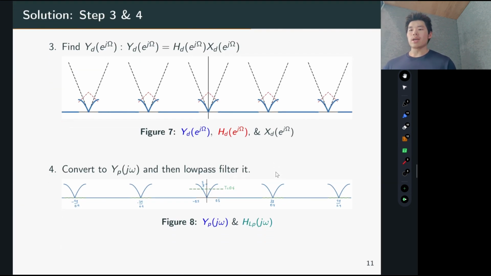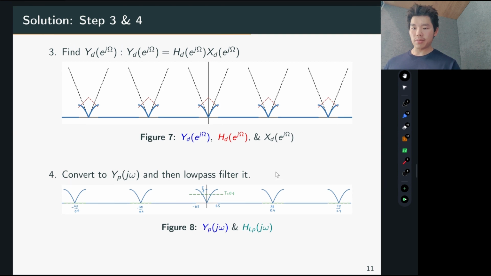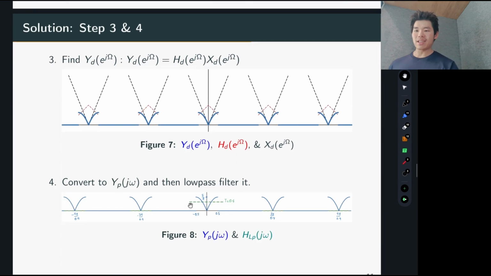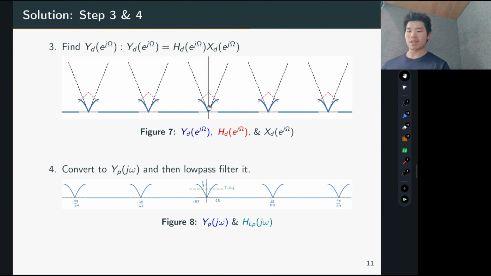Now you multiply Xd(e^jω) by the frequency response of the DT system. We specified the frequency response to be that top hat triangle right there, and so the multiplication is going to be pretty ugly looking, and then we find that the signal is going to look like that, kind of like a bird.